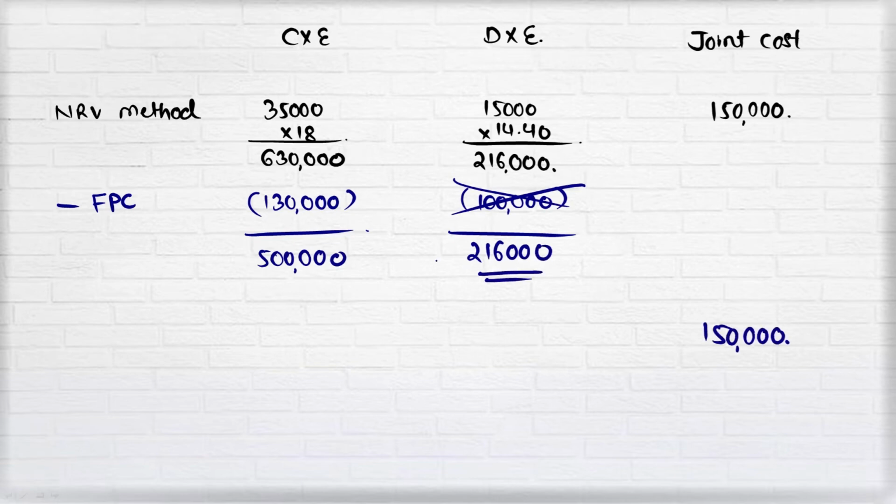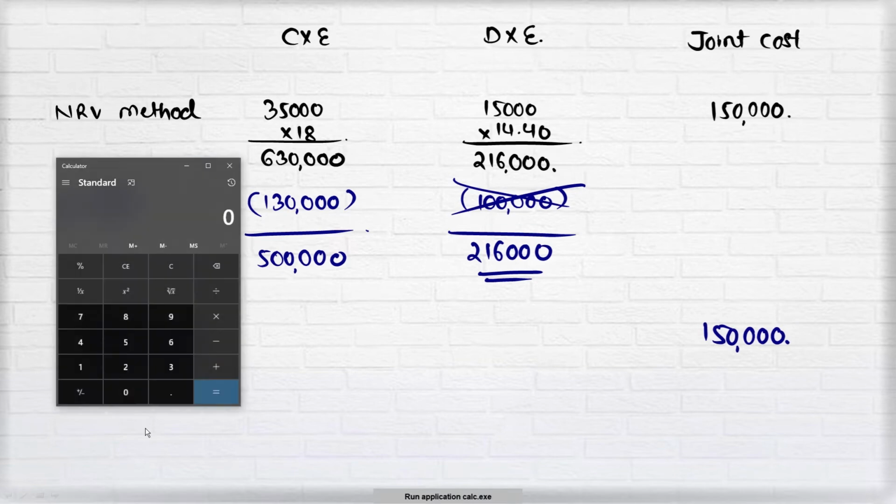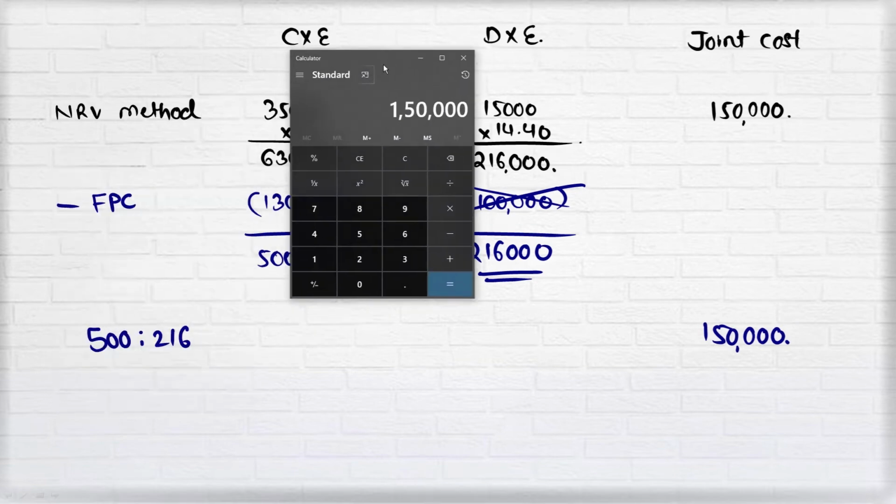1,50,000 will be distributed in the ratio of 500 is to 216. 1,50,000 into 500 divided by 716, which is 1,04,748.